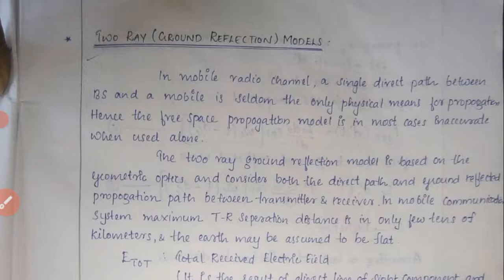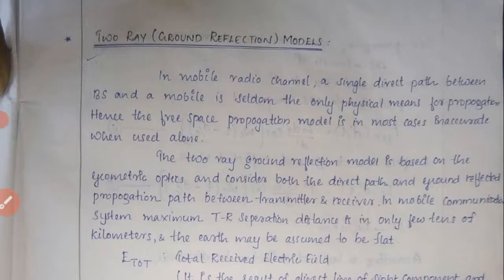In the last class we already discussed reflection, diffraction, scattering, and the free space model. The free space model is based on the direct line of sight path between the transmitter and receiver.